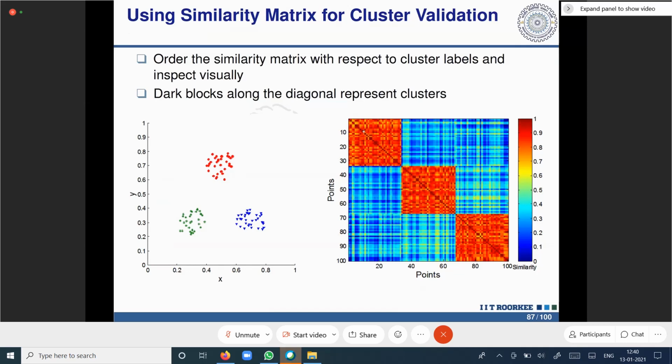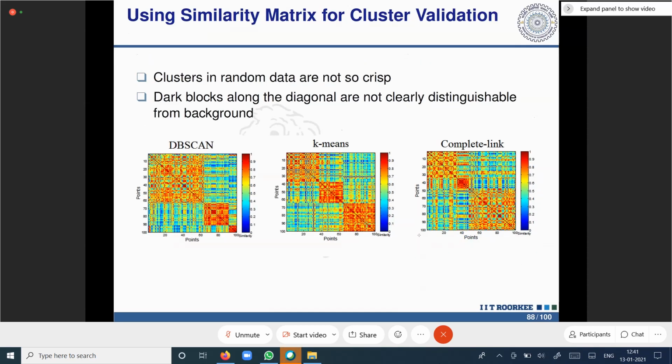Once we do that, the dark blocks along the diagonal, where the red represents high similarity values, mean all the points within this cluster are very similar to each other, but dissimilar to other clusters. So this represents a good cluster.